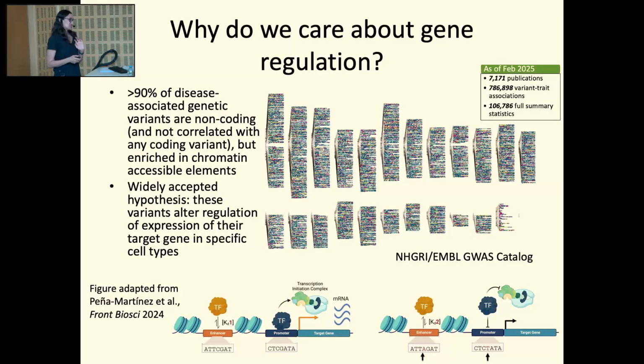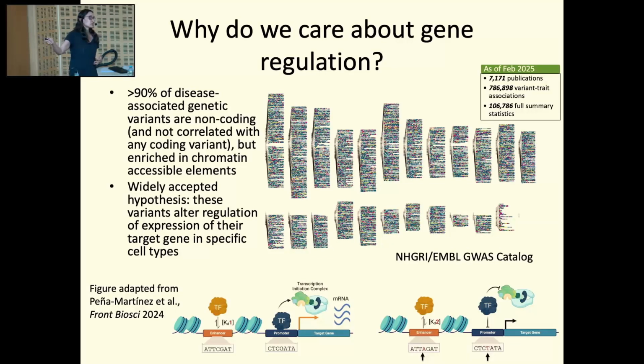But mostly they're not in genes, okay? Mostly they are non-coding, right? So, there's a lot of correlation structure in genetic variation, but most of these risk alleles are not correlated with any coding variation. So what are they doing?